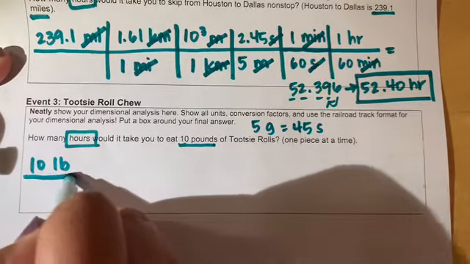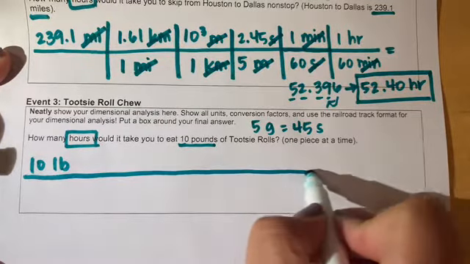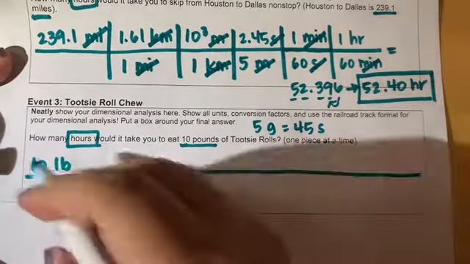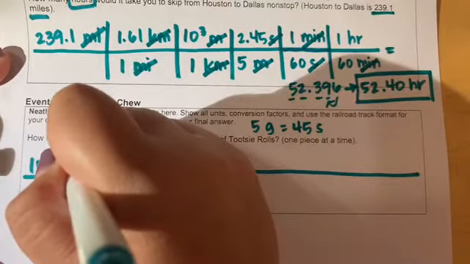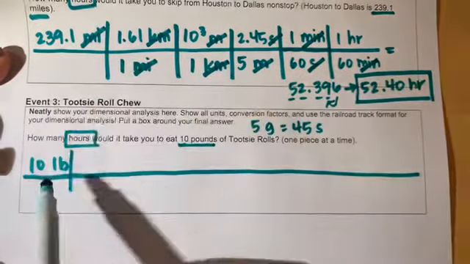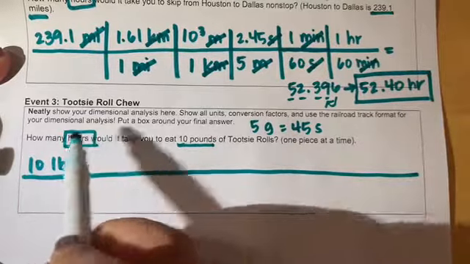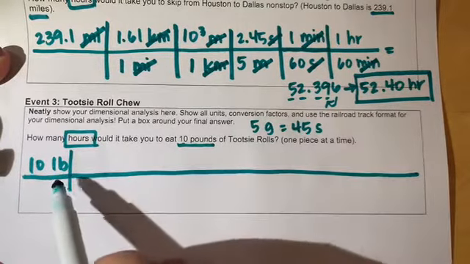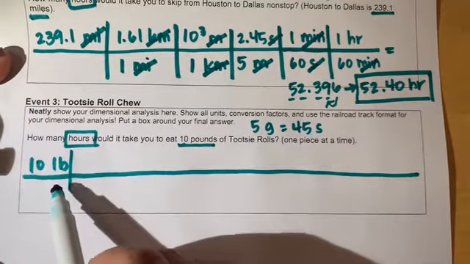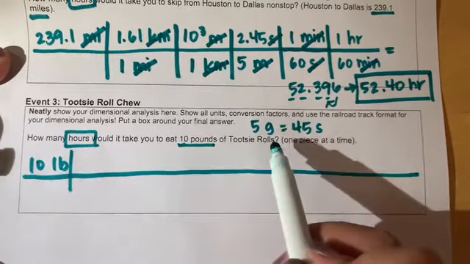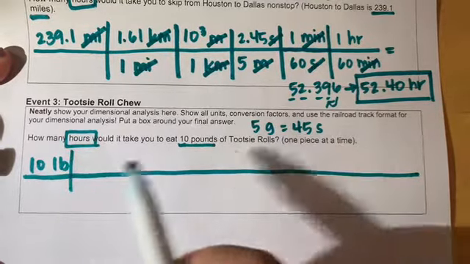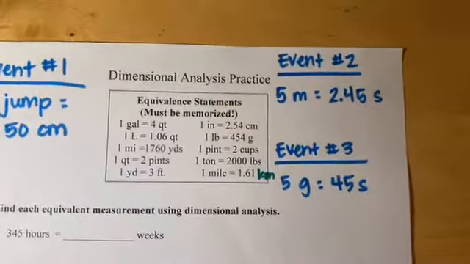Okay, and I do think this one is a long one because we got a lot to do. Okay, so 10 pounds, how do I convert 10 pounds to hours? Remember, this is going to help us. So if we're doing mass, how many pounds or how many grams are in a pound? Can we do that? Let's take a look at our little conversion chart from our notes.